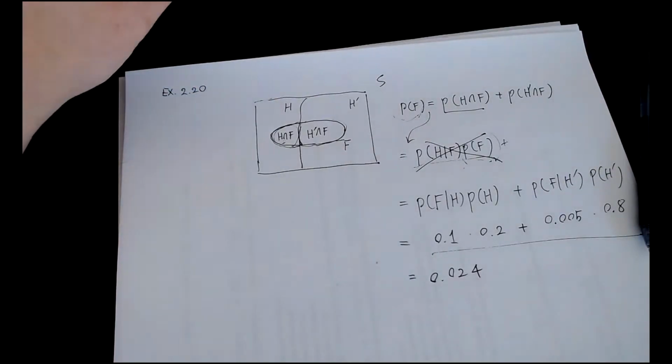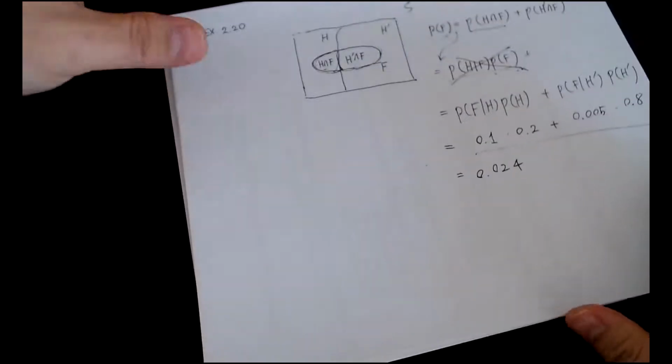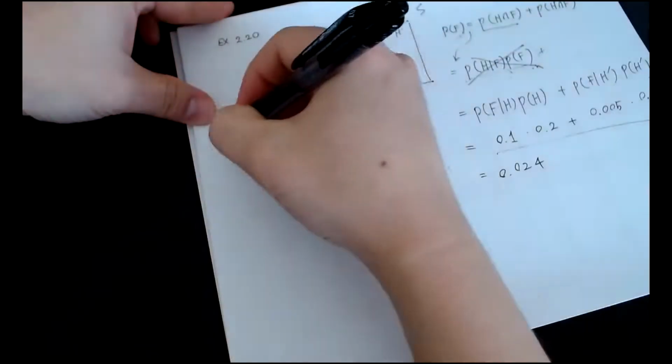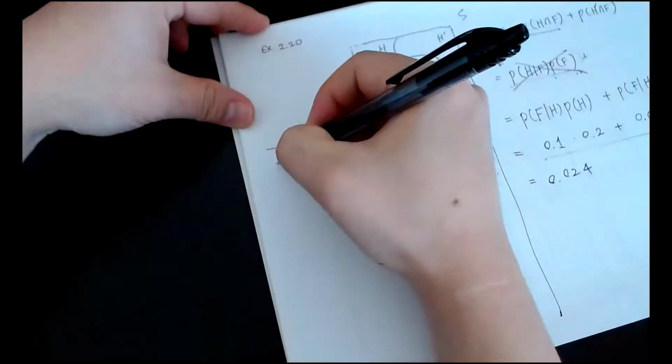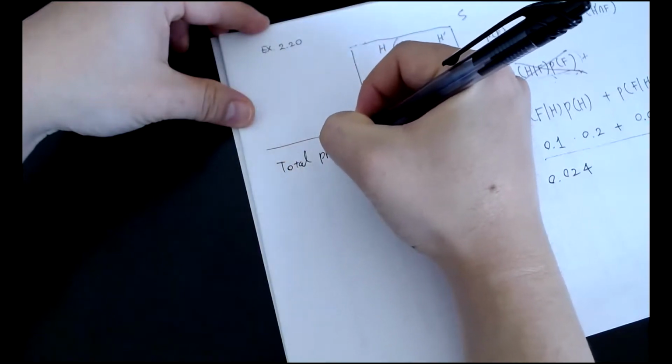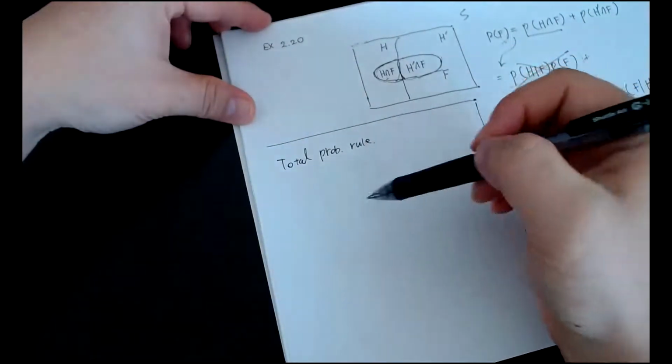Now, we're going to extend the total probability rule to multiple events.